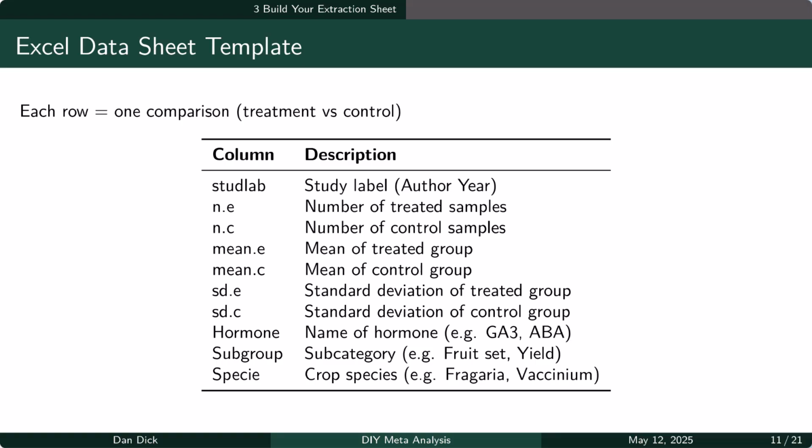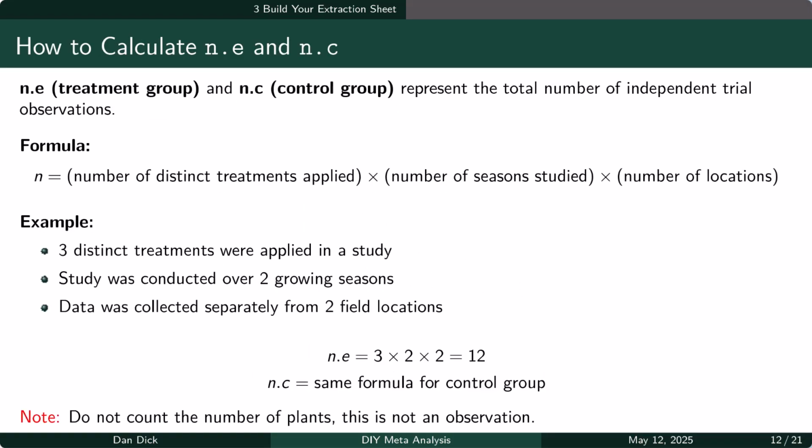So as I mentioned in the walkthrough, the number of observations represents the total number of independent trial observations. So the formula is n is equal to the number of distinct treatments applied multiplied by the number of seasons and the number of locations. So if we had more than one location across both years, we would have a multiplication factor based on that.